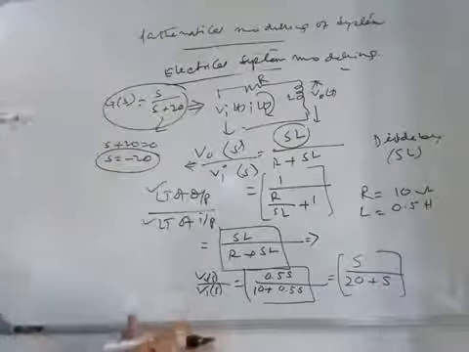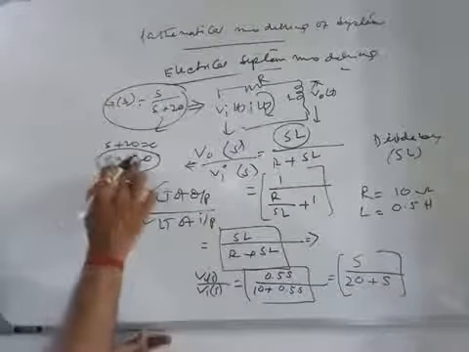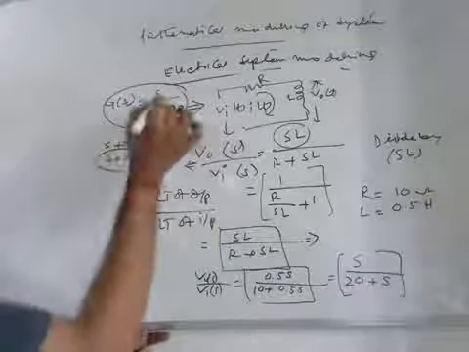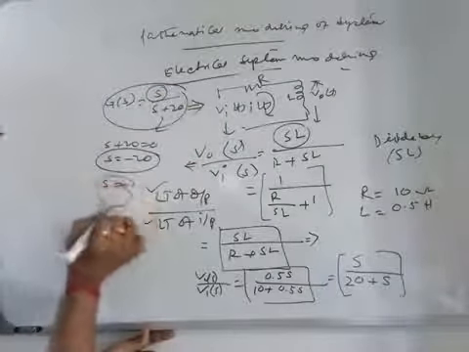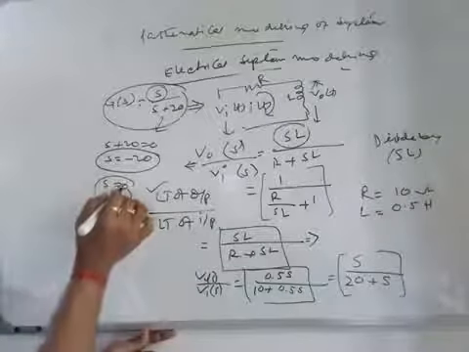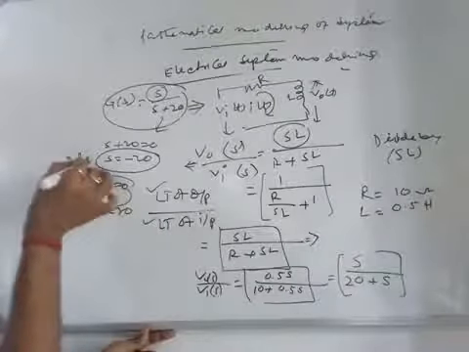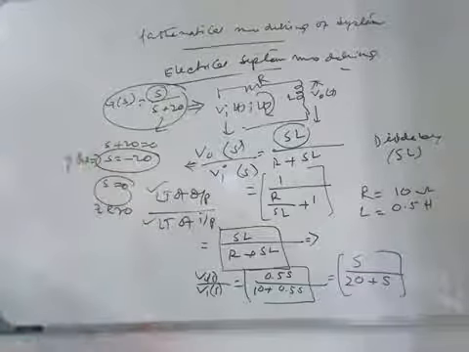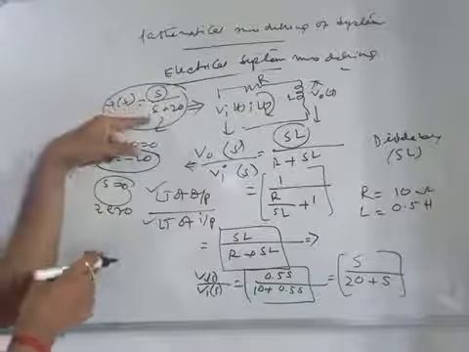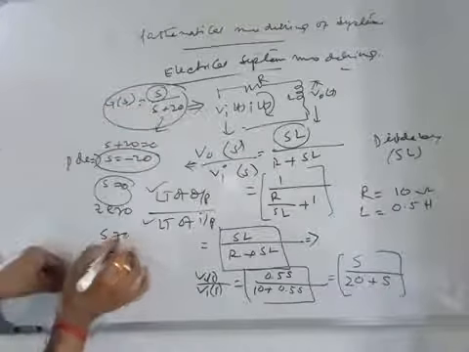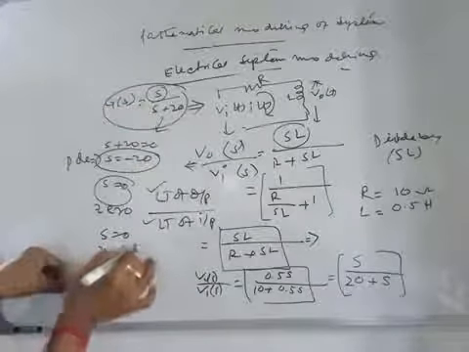So in the s-plane, you may put the pole at minus 20 and the zero at 0. How to get the zero? s is equal to 0. That means there is one zero at s equal to 0 and one pole at s equal to minus 20. So this is the pole-zero configuration, and there is no pole at s equal to 0.